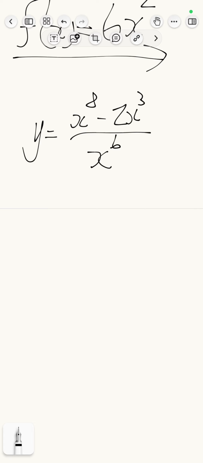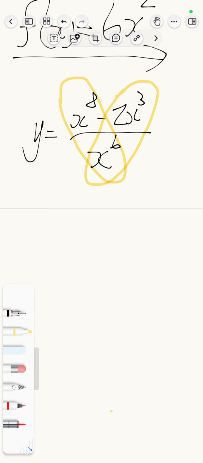Okay, so when it's in this form, I can't take the derivative. So I need to break it up so that I can have separate terms. So what I'm going to do is this one over here is going to become a fraction, and this one over here is going to become a fraction.